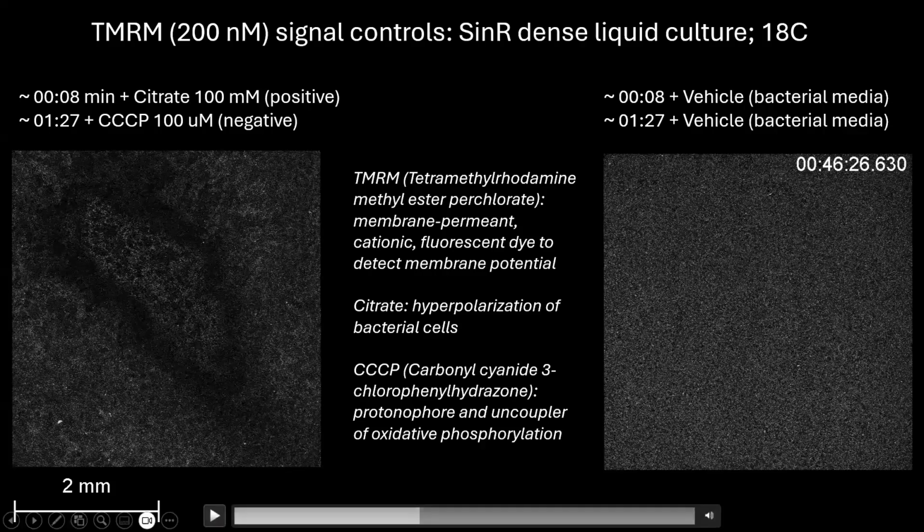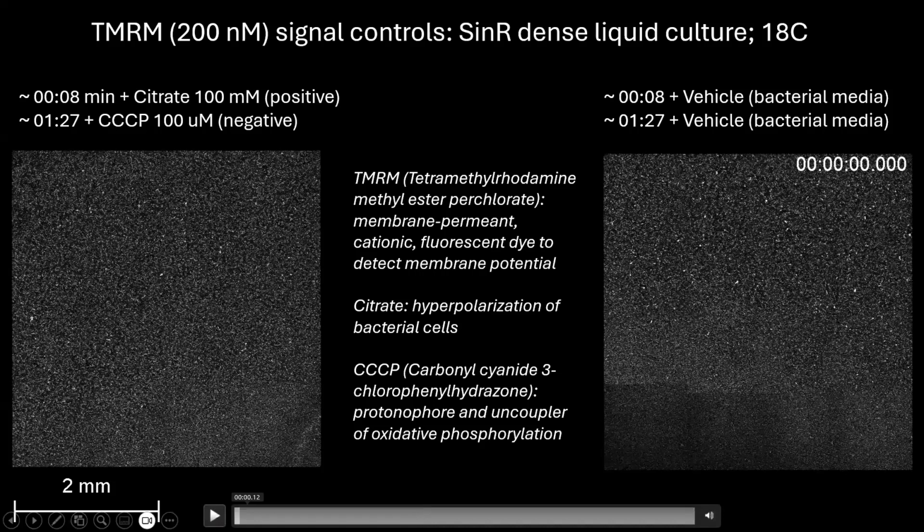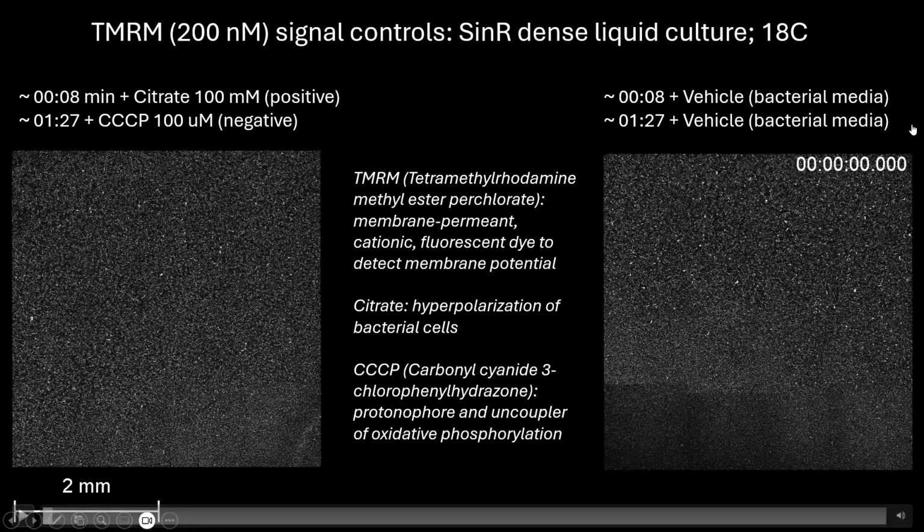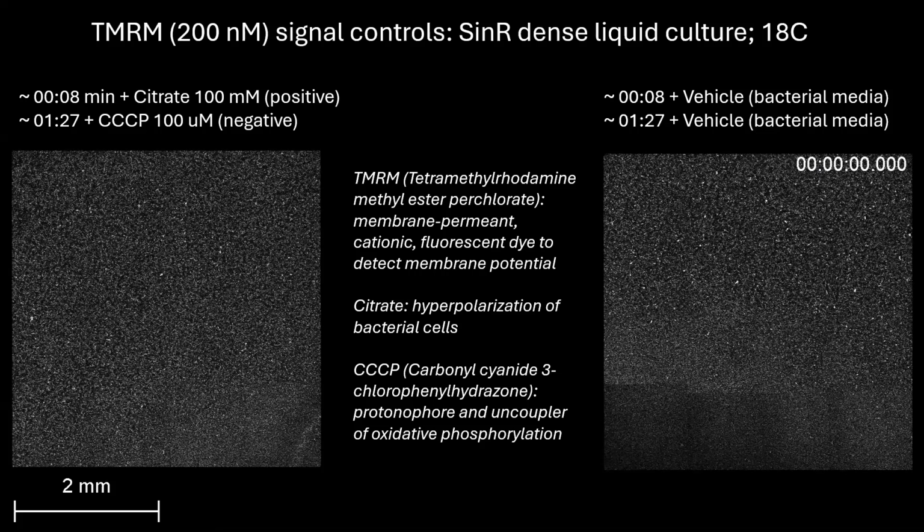Can you see my screen? Yes. Looks good. Okay, cool. So I established positive and negative controls for our TMRM sensor. The TMRM sensor is a membrane-permeant cationic fluorescent dye to detect membrane potential in bacterial cells. As a positive control, we use citrate, which produces hyperpolarization of bacterial cells.